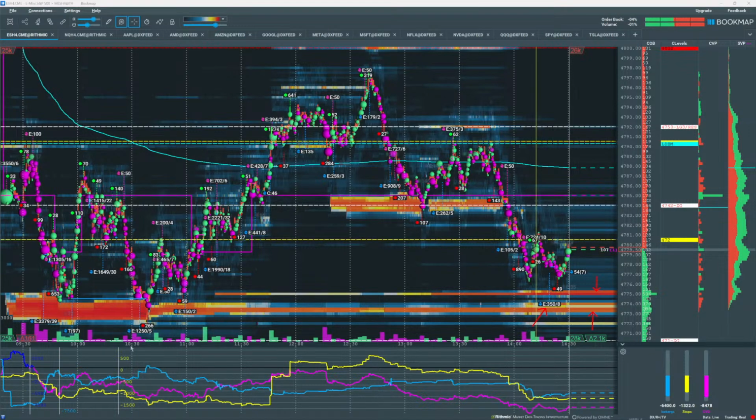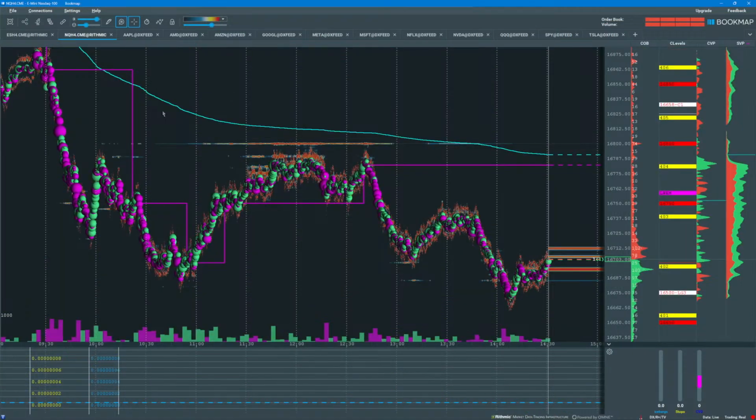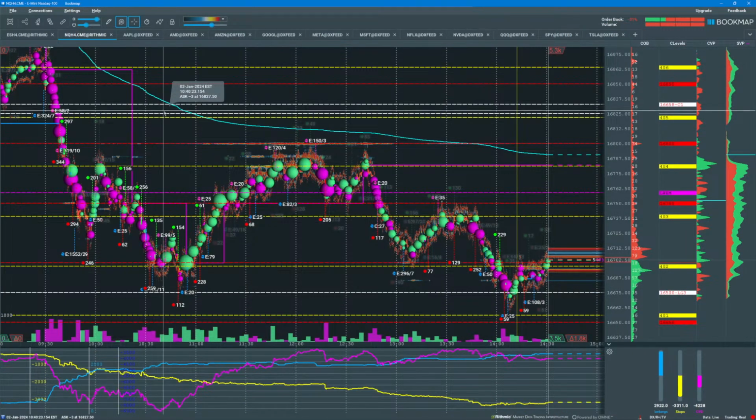Not as large as earlier today, right around that level. And NASDAQ making newer lows down to the NDX 16,500 level.